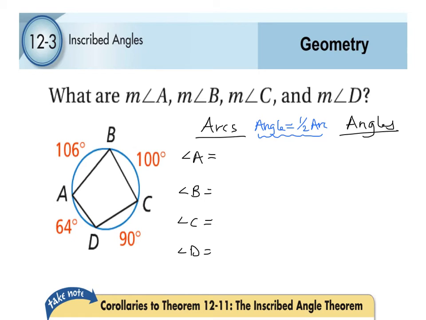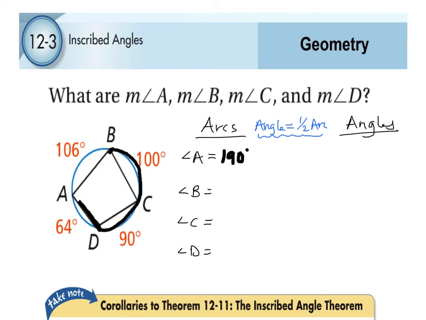Okay, so angle A is created right here. If I follow the sides of the angle, it's going to be this entire arc, which you'll notice is 190 degrees, if I add the 100 with the 90.